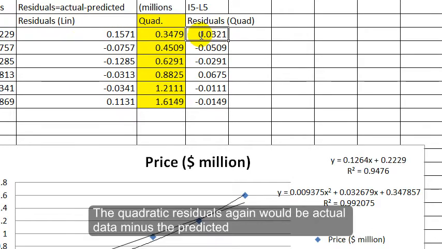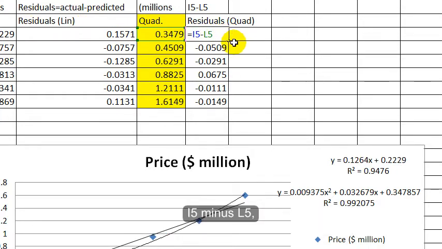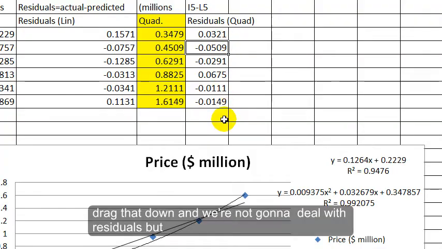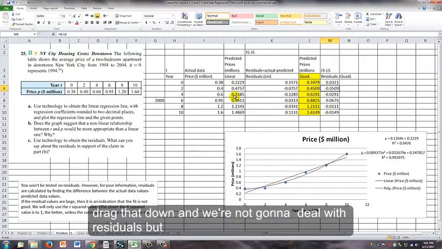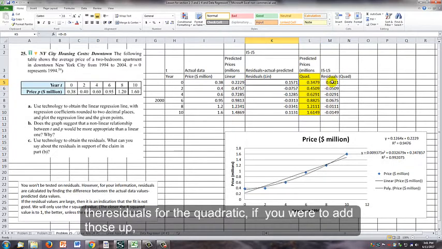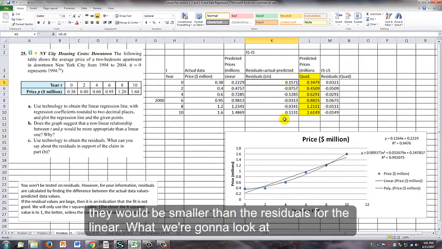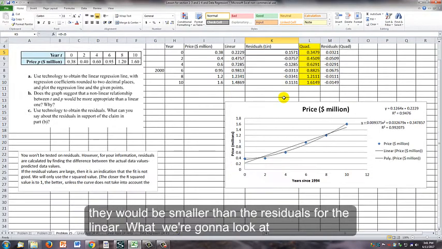The quadratic residuals, again, would be actual data minus the predicted, I5 minus L5. Drag that down. We're not going to deal with residuals, but the residuals for the quadratic, if you were to add those up, they would be smaller than the residuals for the linear.